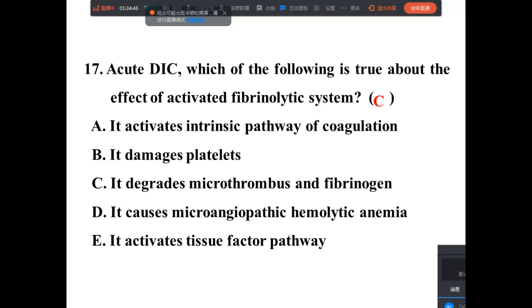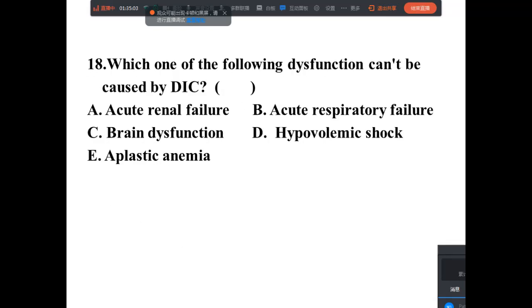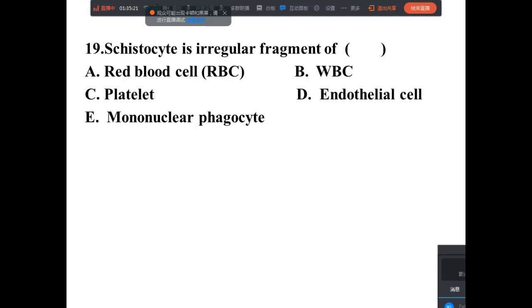Understand? Plasmin, the function of plasmin. It can't stimulate the intrinsic and extrinsic coagulation pathway. Understand? Which can't lead to DIC? Last. It is anemia. Now it's very easy. Which cell? A red blood cell. Now it is DIC.